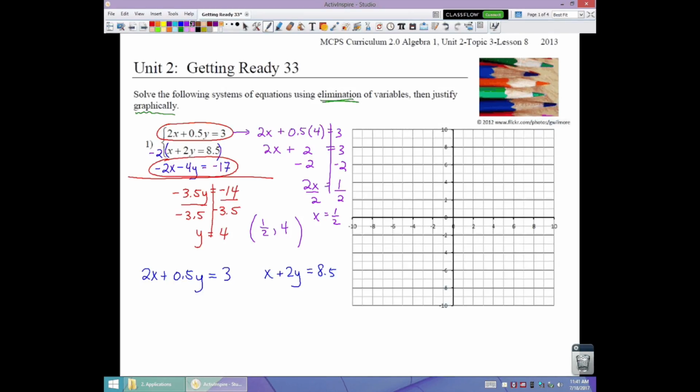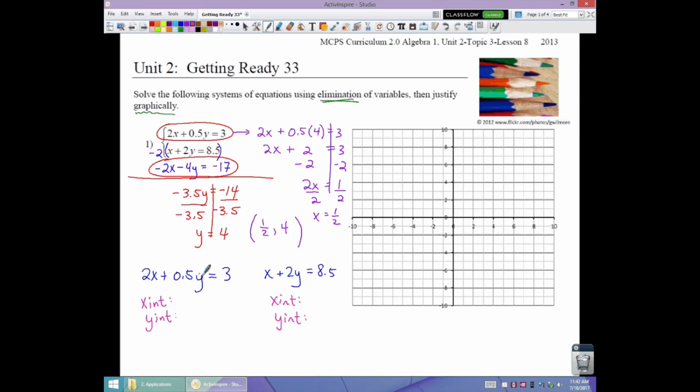And since they're both in standard form, the simplest way to graph them is to find their intercepts. Okay? So I will find the x-intercept and the y-intercept for each of these equations. So remember, the x-intercept is when y equals 0. So if you substitute 0 for this y, 1/2 times 0 is 0, that whole term is just gone.